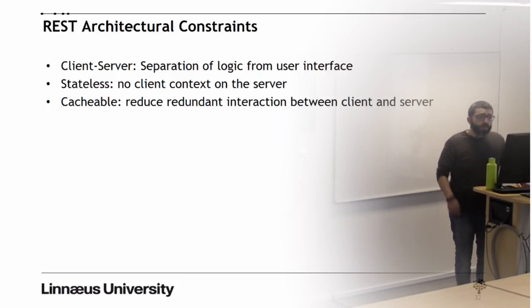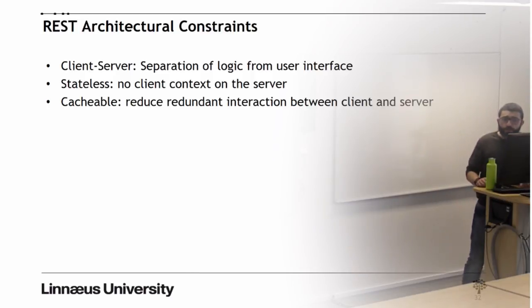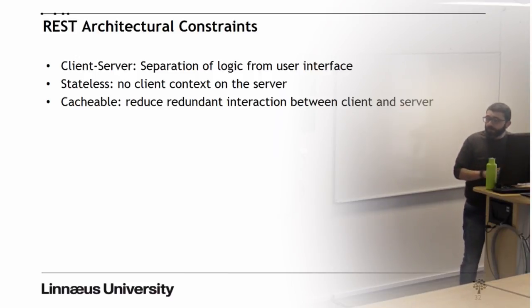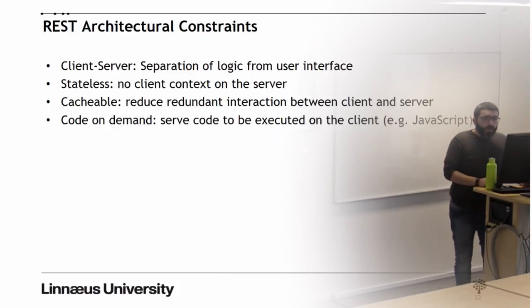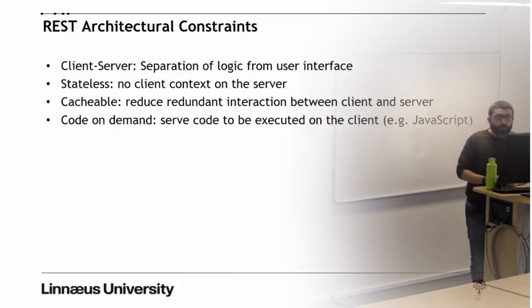Cacheable. This allows us to reduce the interaction between the client and the server. Then we have code on demand. It's very important. We can download, for example, code that can be executed on the client side. That's quite common whenever you have JavaScript.